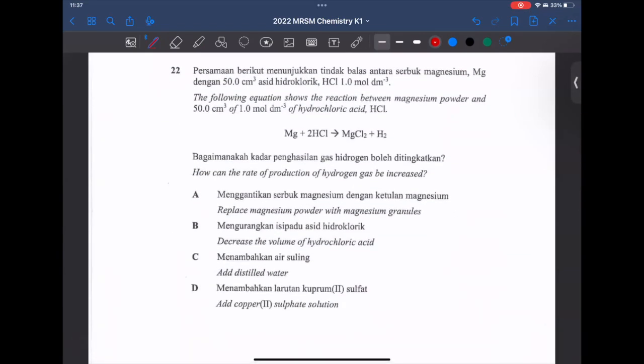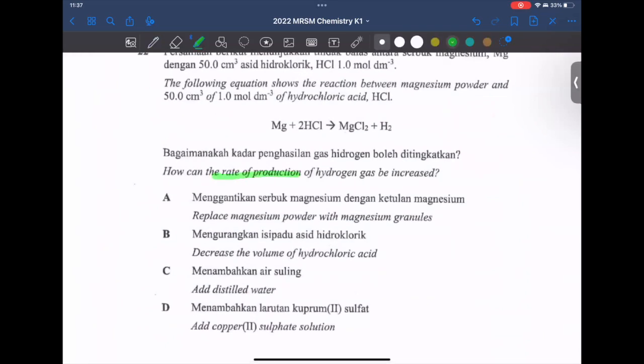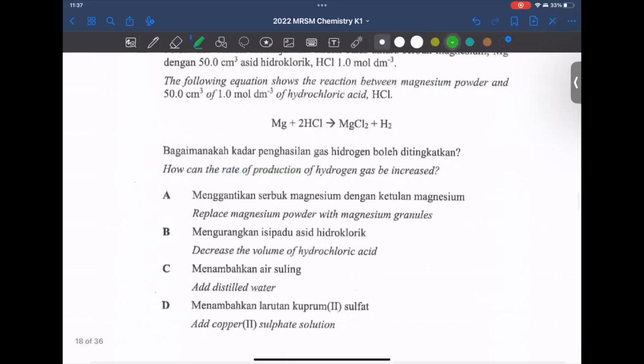22. The following equation shows the reaction between magnesium powder and 50 cm cube of 1.0 mole per dm cube hydrochloric acid. How can the rate of production of hydrogen gas be increased? Indicate a particular change that will increase the rate of reaction. I will say here, most likely it is to add copper(II) sulfate because this can act as a catalyst to catalyze the reaction to go faster.